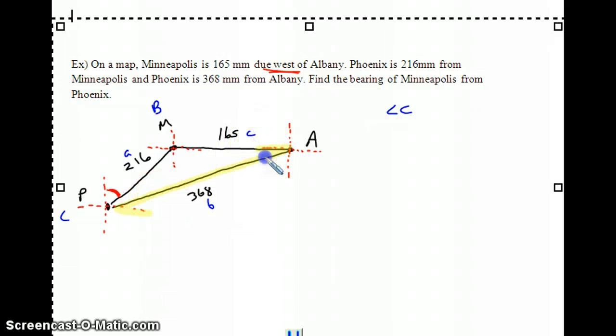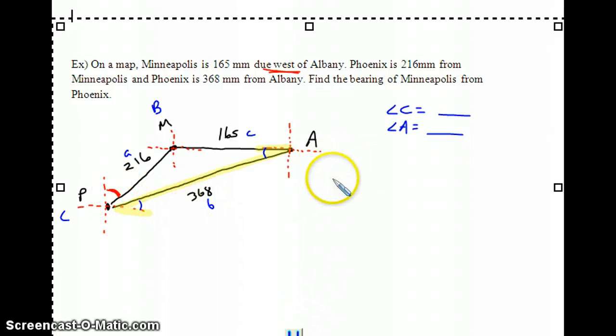This angle would be exactly the same as this angle because I've got parallel lines. So if I find angle A, then I know this angle outside. Those are my two things to find, then subtract them from 90 to find the angle I really want, outside of the triangle.